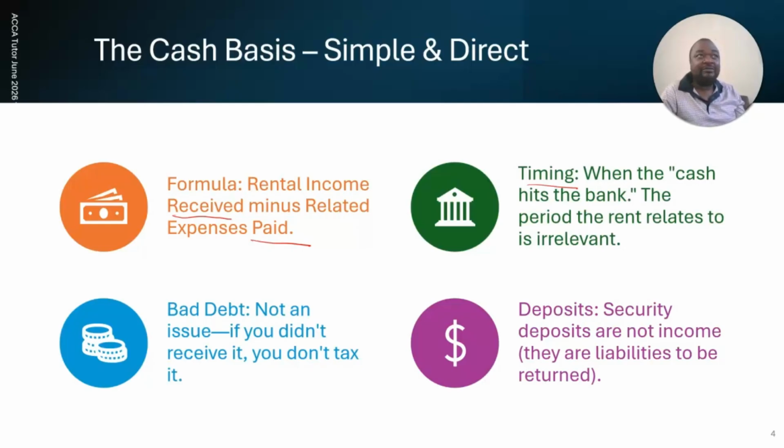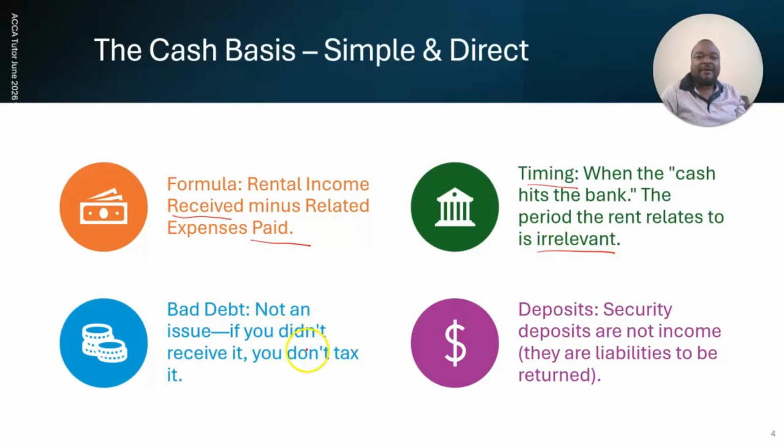So you may be confused to say, shall we then tax this because it relates to the previous year? No. The moment that money comes, as long as it is for rental income, it is going to be taxed in the year where it is received, or where the relevant expenses are paid. That's the idea. So the period to which the rent relates is irrelevant.